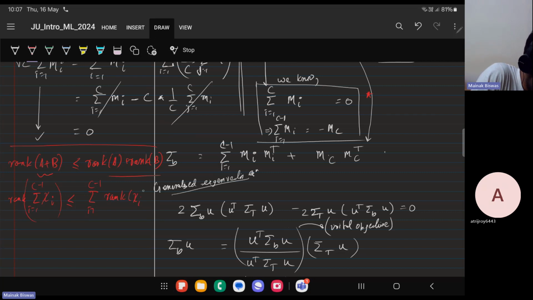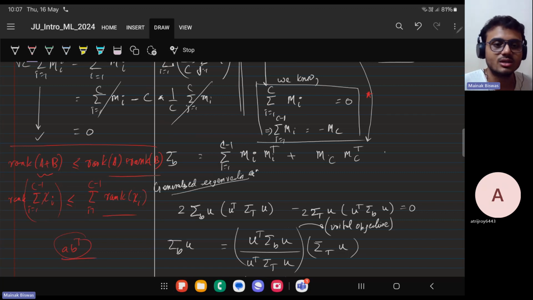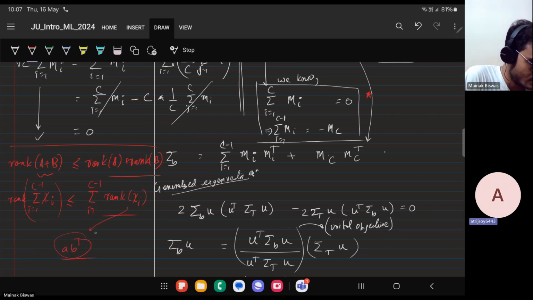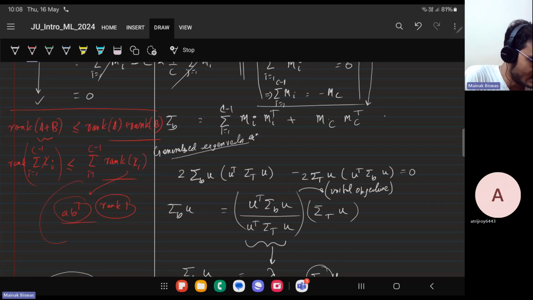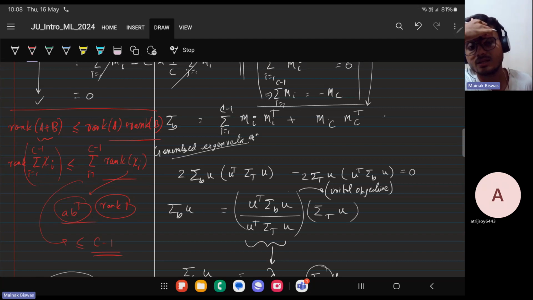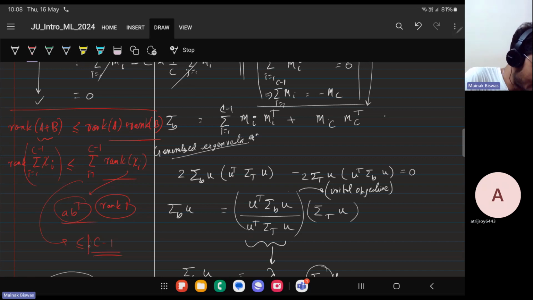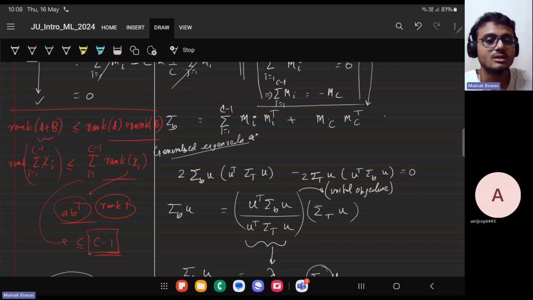The rank is less than or equal to the sum of the ranks of chi I. What are the individual ranks of chi I? What rank matrices are there? AB transpose. What is the rank of AB transpose we derived just now? It was rank 1. So this will be less than or equal to C minus 1. Do you agree? This is what I was saying. So at most it can have C minus 1 eigenvectors.